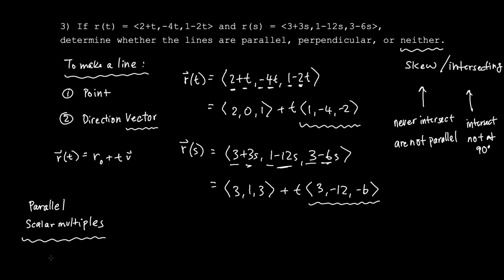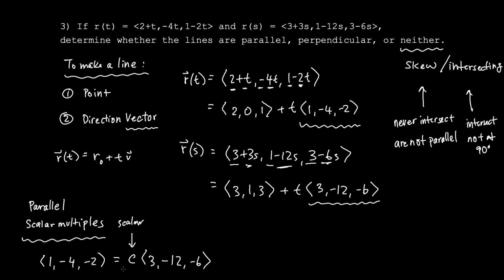Scalar multiples means that 1, negative 4, negative 2 will be equal to a scalar c multiplied by the second direction vector, 3, negative 12, negative 6. So is there a scalar that would make this vector equal to this vector? There is.